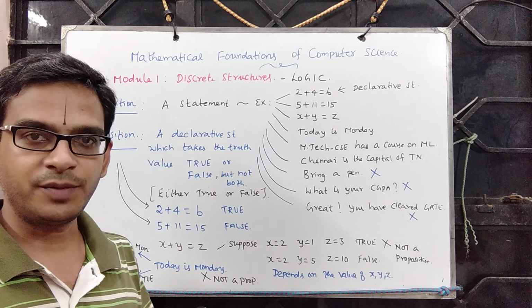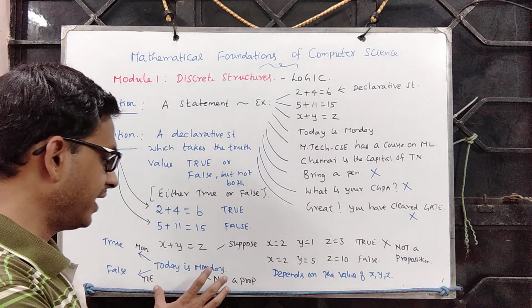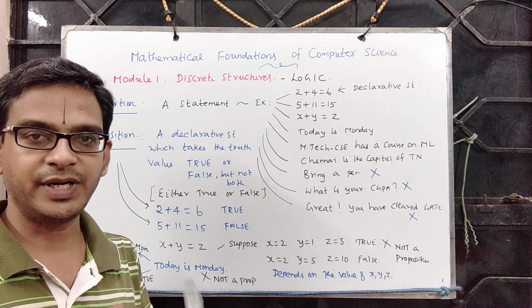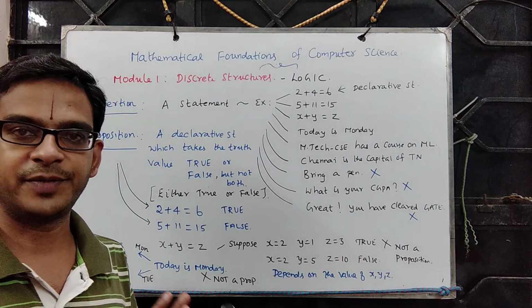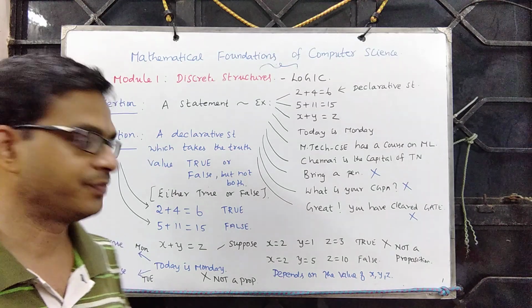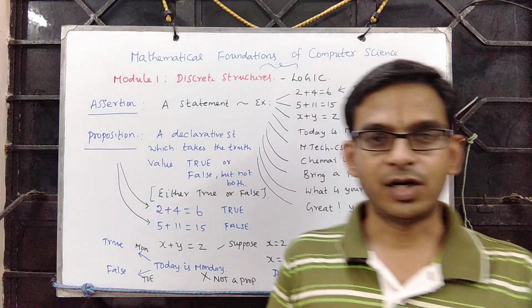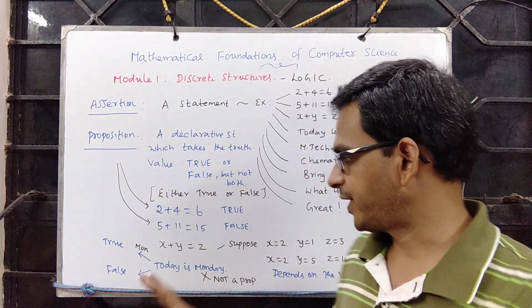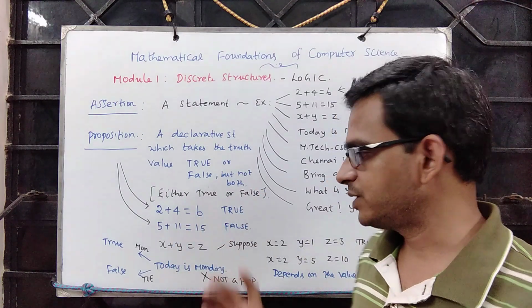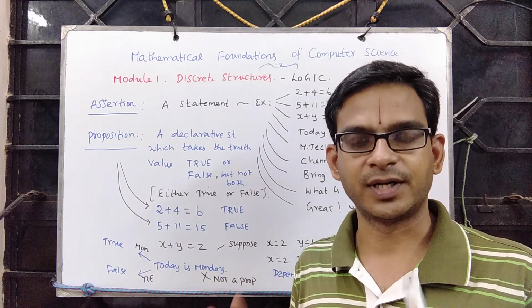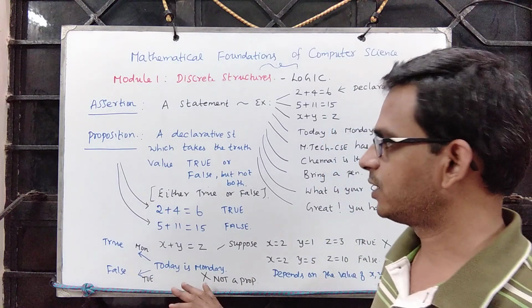But if you bring a time frame saying this statement will be looked at only on a Tuesday but not on other days, then this statement takes the value false always. So if you bring such a constraint or a time frame, then you can say it is a proposition. But what we are discussing now is independent of the time frame, independent of the context. So this is not a proposition.